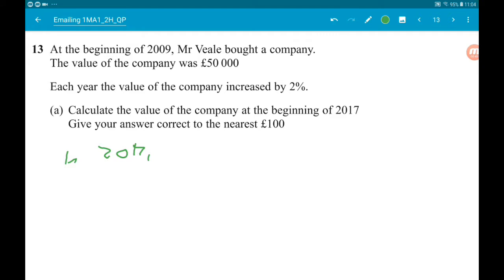Okay, so in 2017, 8 years have passed. So we need to be thinking in terms of decimal multipliers. Now, 2% is 0.02.